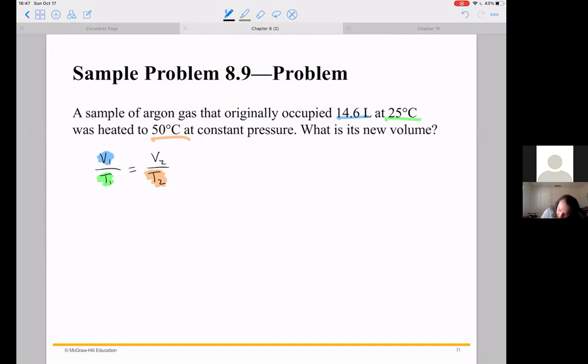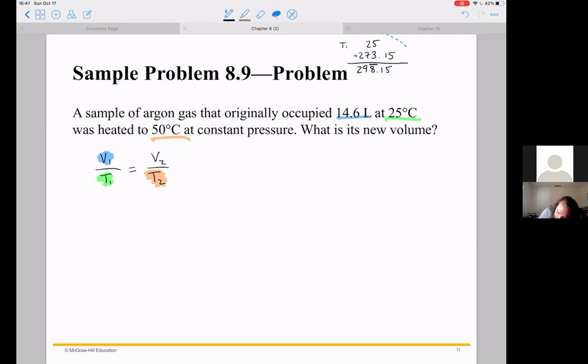So for the T1, 25 plus 273.15 would give me 298.15. And again, I'm going to mark that sig fig. 273.15 is exact, so I'm not going to pay attention to that when I do sig figs. It's always going to depend on whatever the other number is, which is in this case 25.